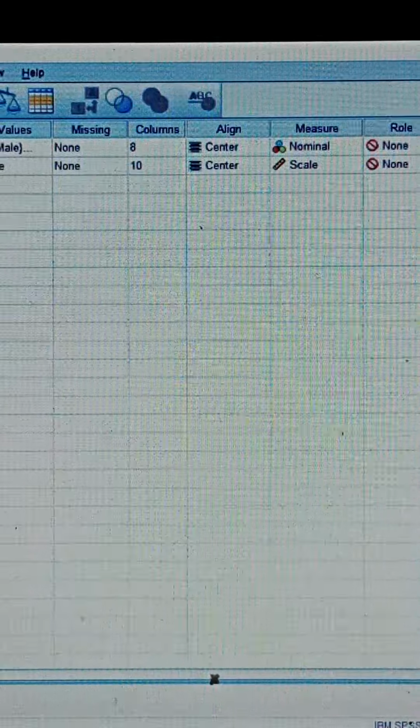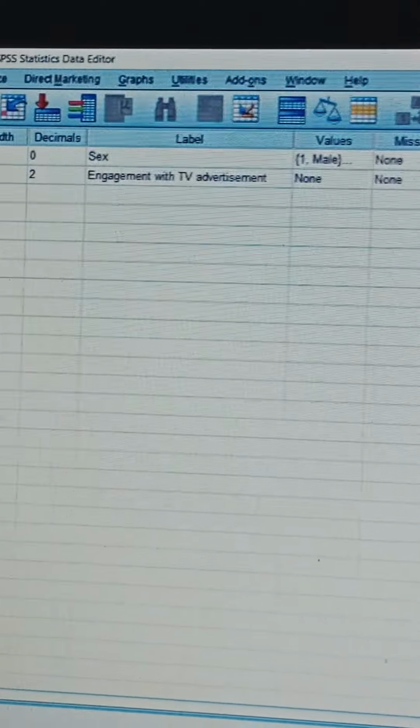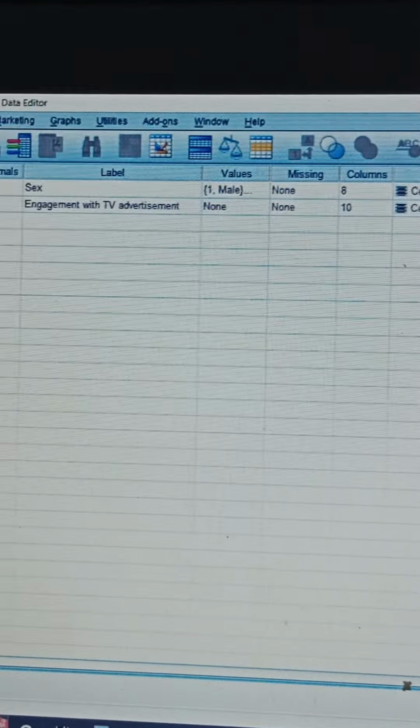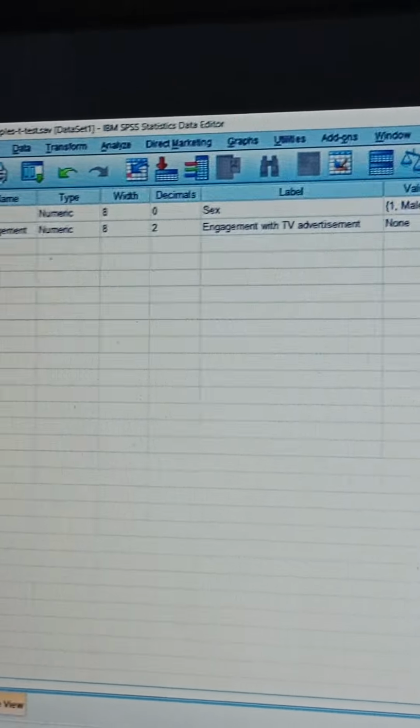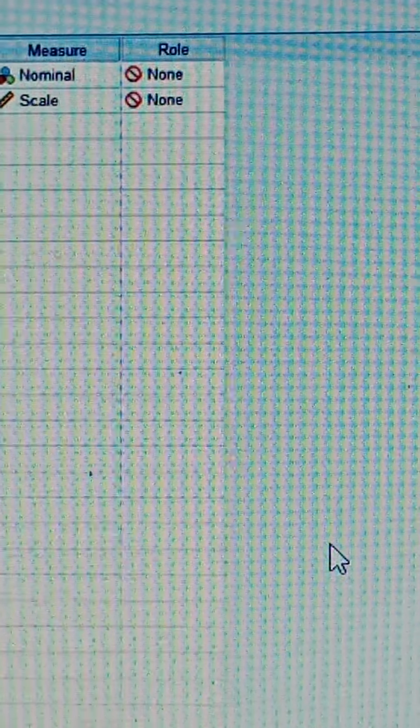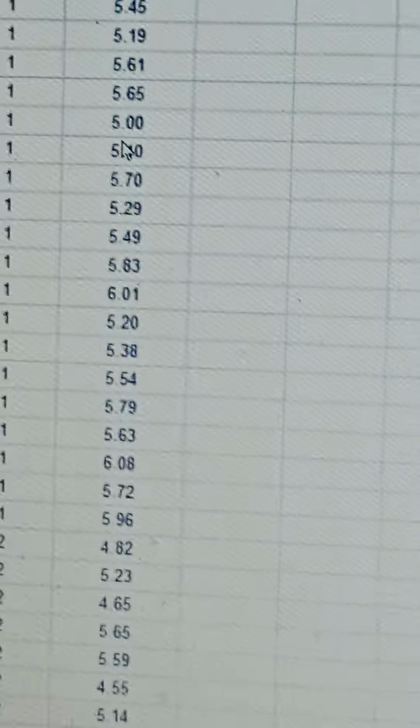Now let's look into the assumptions of the independent samples t-test and find out if our data passes these assumptions. First assumption, there should be one continuous variable. Here, our continuous variable is the engagement. Here, this is our scale.